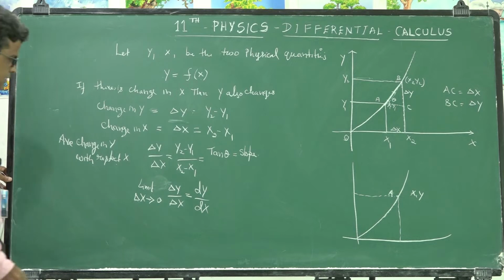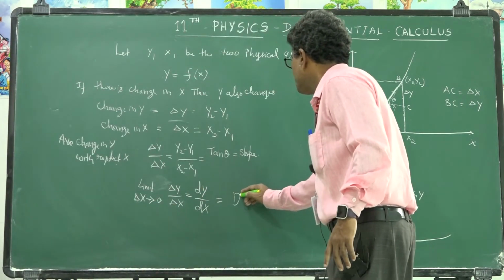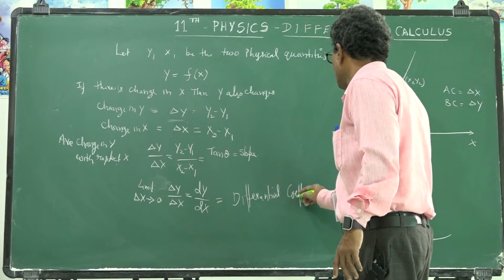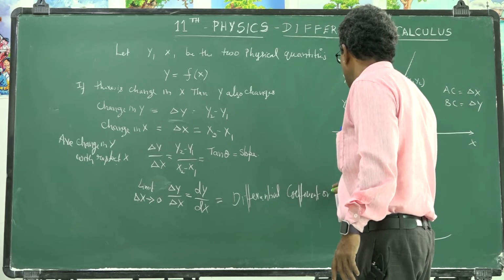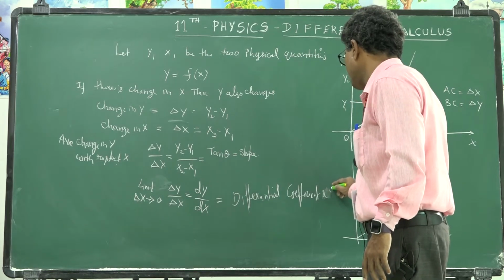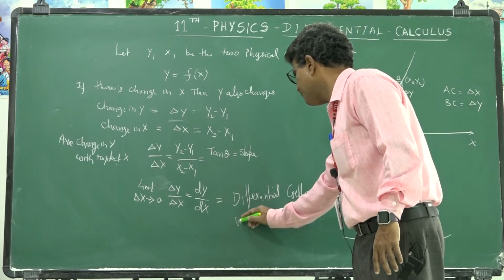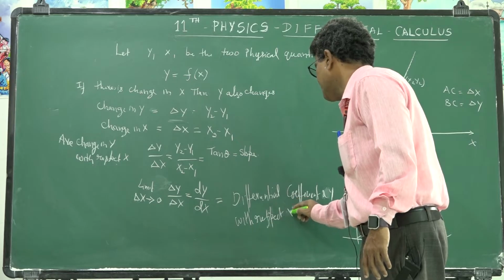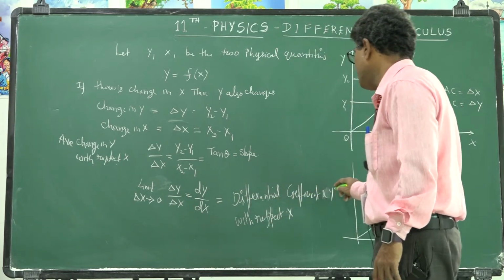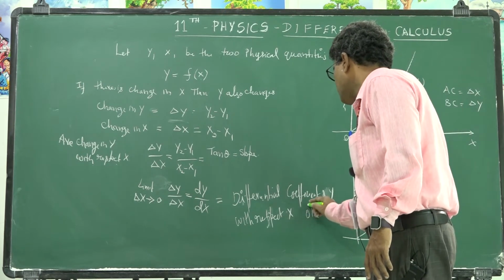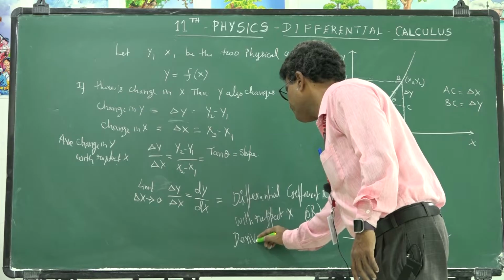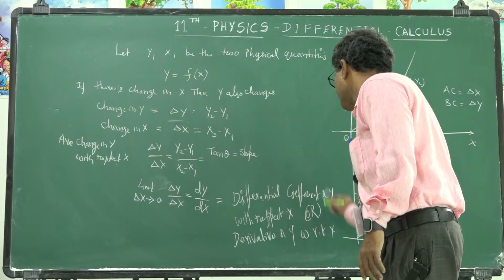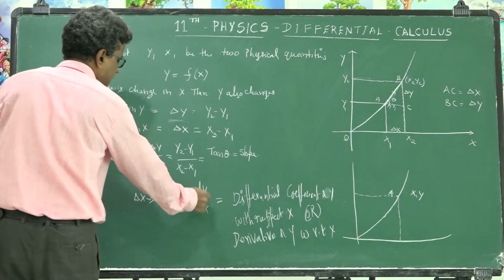This dy by dx we can call it as a differential coefficient of y with respect to x, or we can call it as the derivative of y with respect to x. This we can call it as dy by dx.